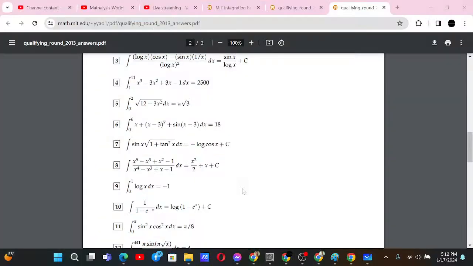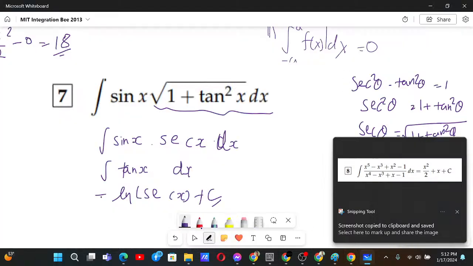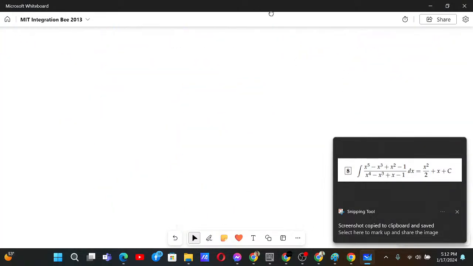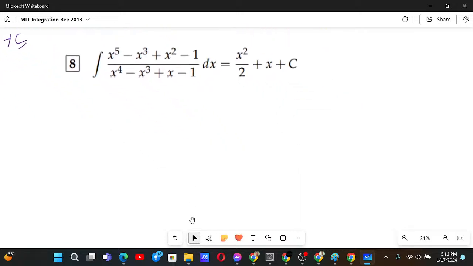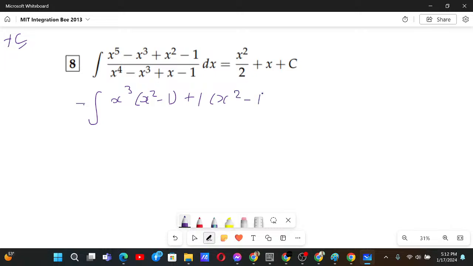This problem seems kind of complicated at first, but if we do some factorization, it's actually pretty easy. Let's see how. So in this problem, x cube common from the first, that gives us x square minus 1, and 1 common, x square minus 1.